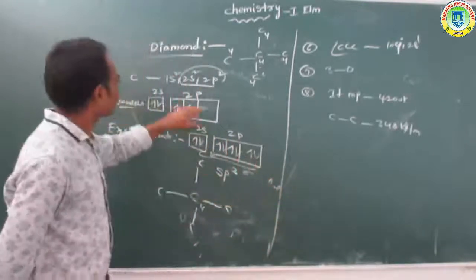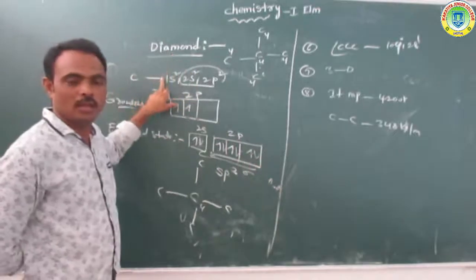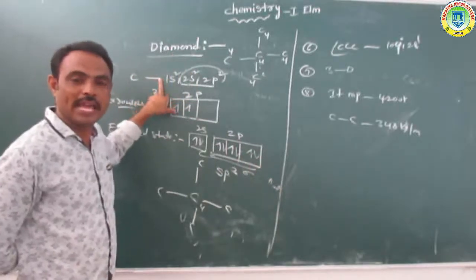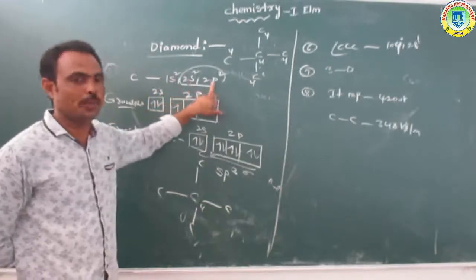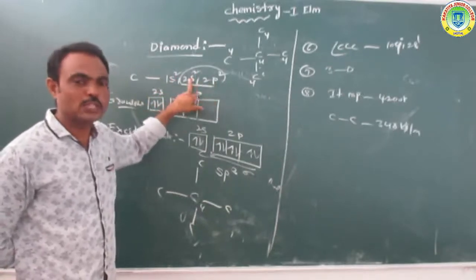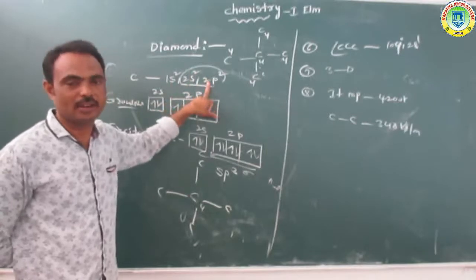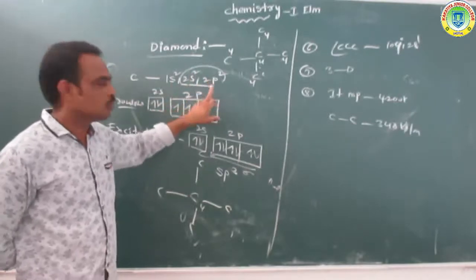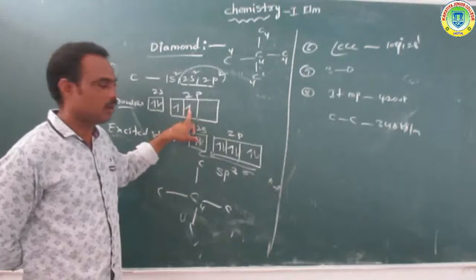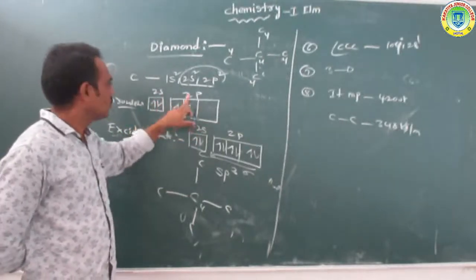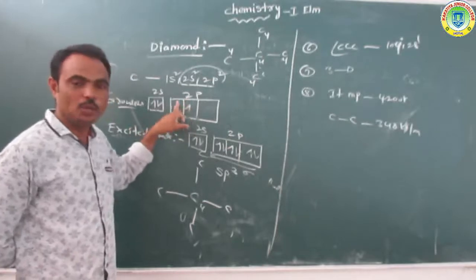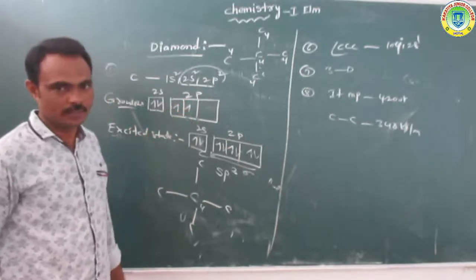Listen. Carbon's electronic configuration is 1s2, 2s2, 2p2. 2s2, 2p2 is the outer shell electronic configuration. We write it for the orbitals. The 2s orbital contains 2 electrons, and the 2p orbitals contain 2 single electrons.